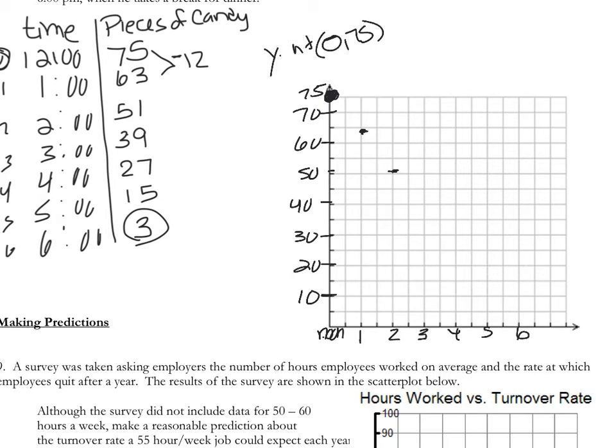And then 39, so almost 40. And then 27, so 25, 26, 27, so about halfway in between there. And then 15, so 10, 15 here. And then at 6 o'clock, he had 3 pieces left, so he's right here.